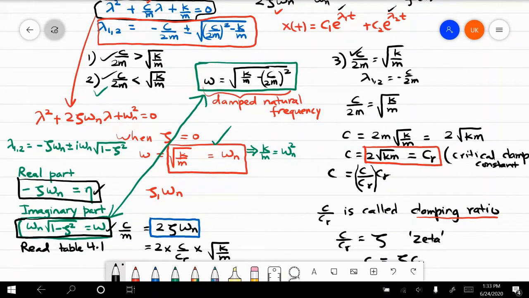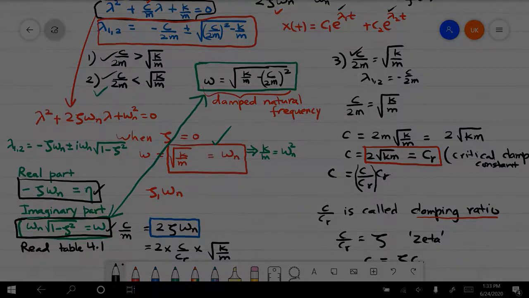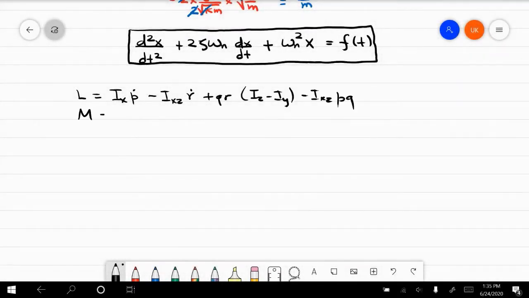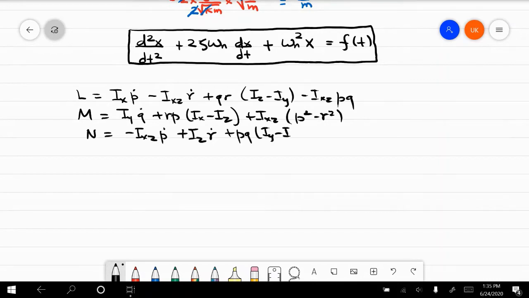Okay, so we talked about this in the context of mass on a spring, but now we will talk about it in a more aircraft related context. We had two sets of equations of motion. One was the equation for moment, which is this set, and there was an equation for force, which I have not written.